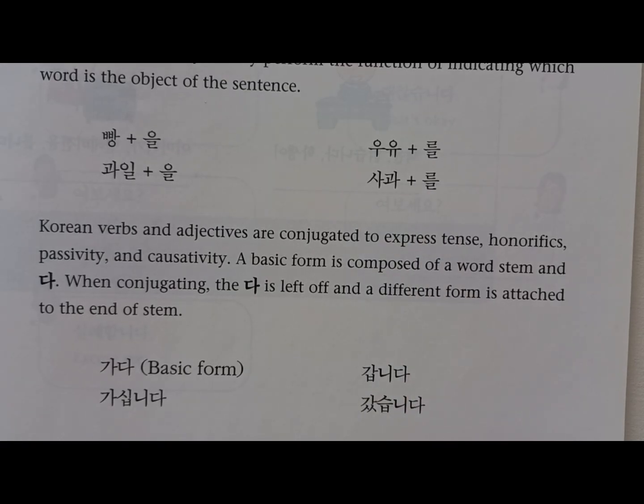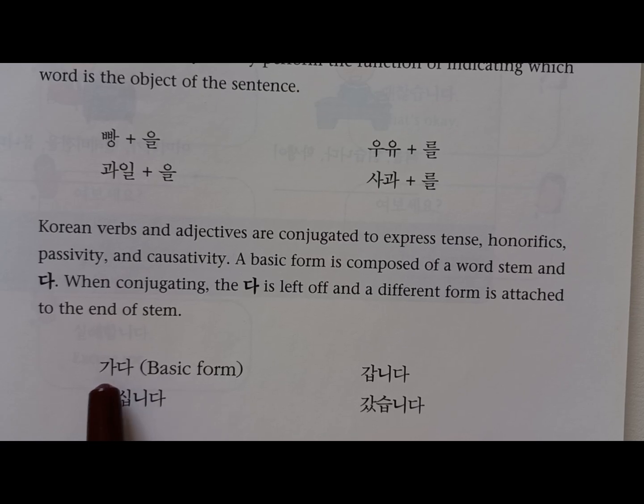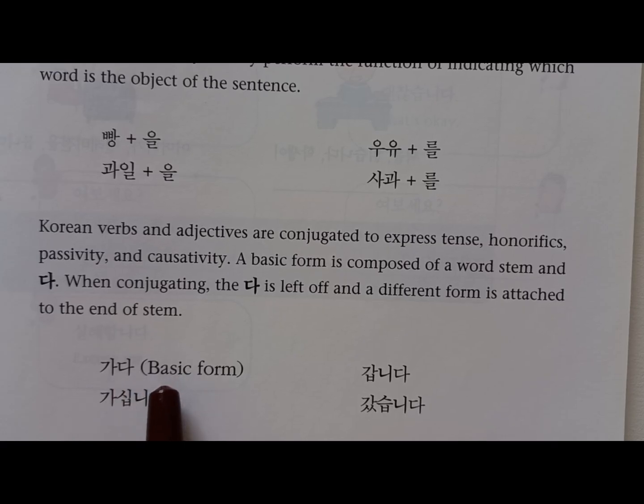Easy. All right, so Korean verbs and adjectives are conjugated to express tense, honorifics, and causativity. The dictionary form, the basic form, always ends with 다. 가다 equals the English to-infinitive.